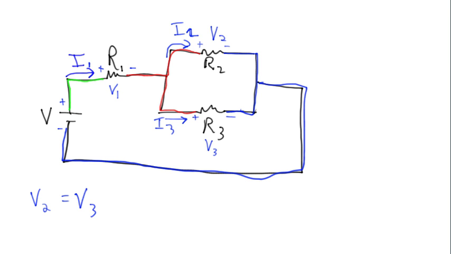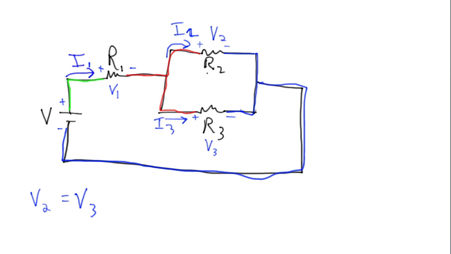Now let's try the loop rule, and I've already got a relationship between the voltages, so we can pretend that I did that inner loop right there, and I'll do another loop.